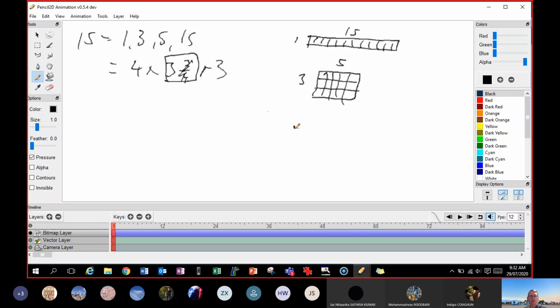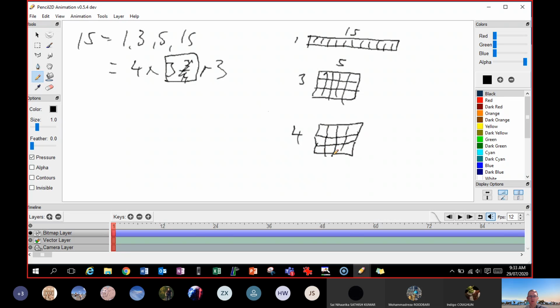But if I wanted to split 15 into 4, my first row would have 4 blocks, then I would have 8 blocks, and then I would have 4, 8, 12, 13, 14, 15. Sorry about it not being the shape it should be.